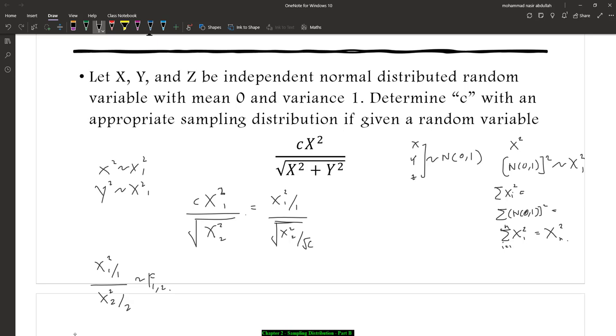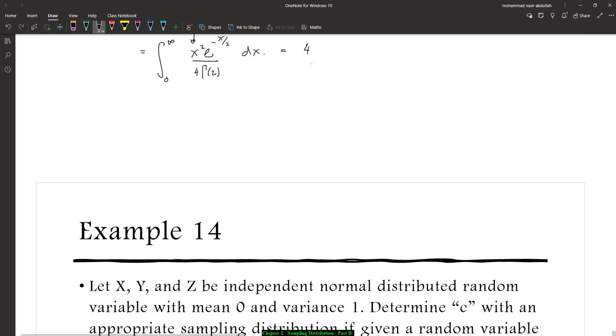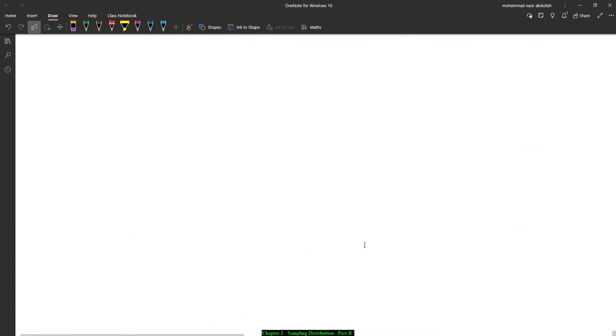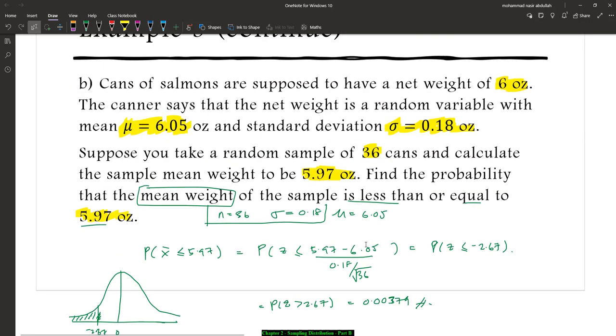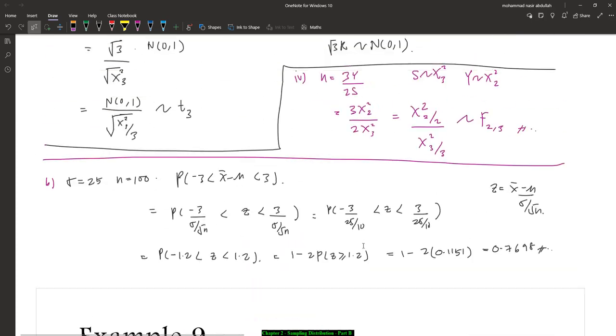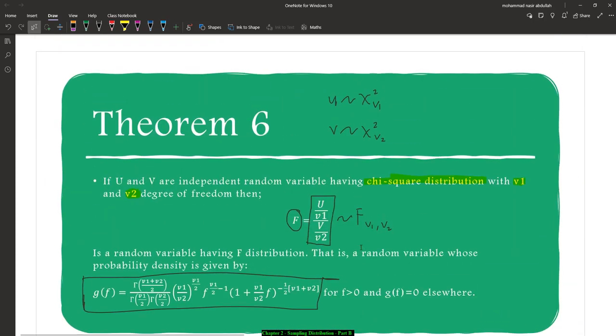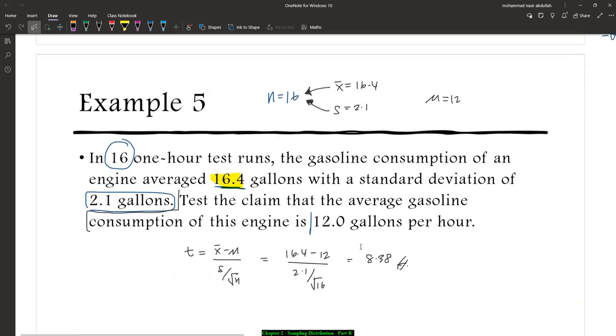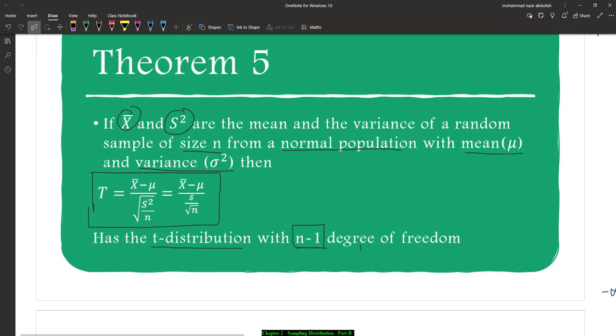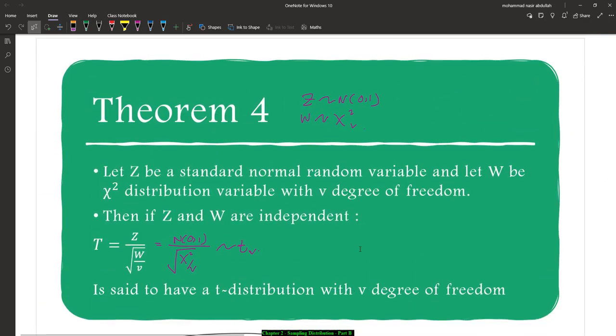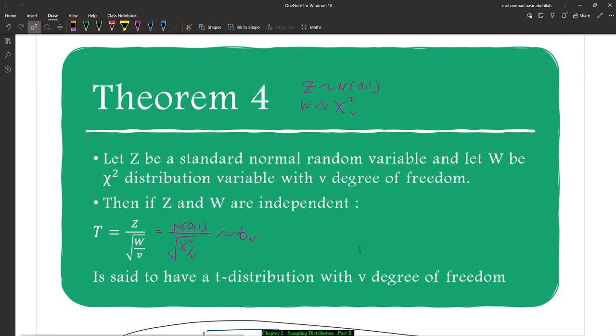So the form is roughly the same, right? Let's say a square root of chi squared. So we look at the theorem, where is it? Wait, I think theorem number 6 or theorem number 4.